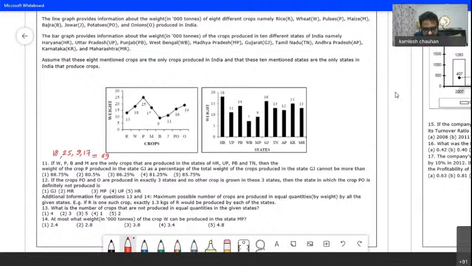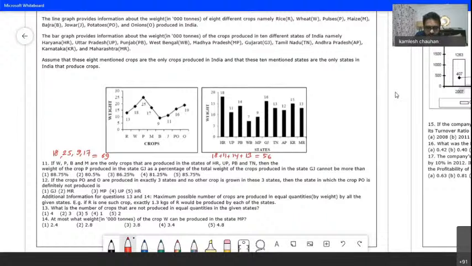Now HR, how much is there? 18, UP is 11, PB is 14, TN is, where's TN? 13. So if you add all these numbers, you'll get 29, 43, and 56. So these are the only crops which we have produced in these states.